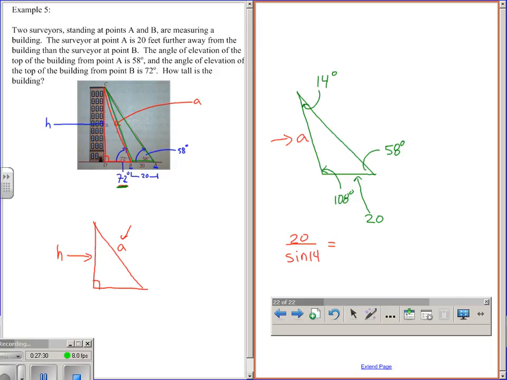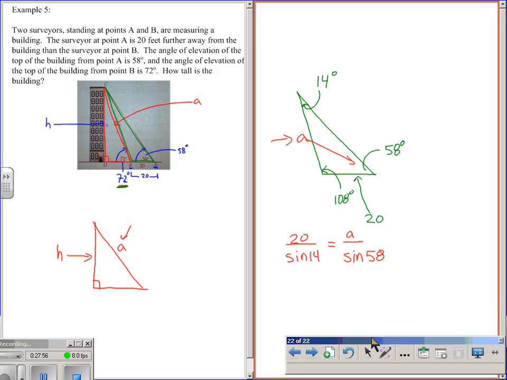And we want to find A. So we're going to say A over the sine of 58, because these two are opposite each other. Once we have that, we just go ahead and solve for A. We find out A is approximately 70.12.